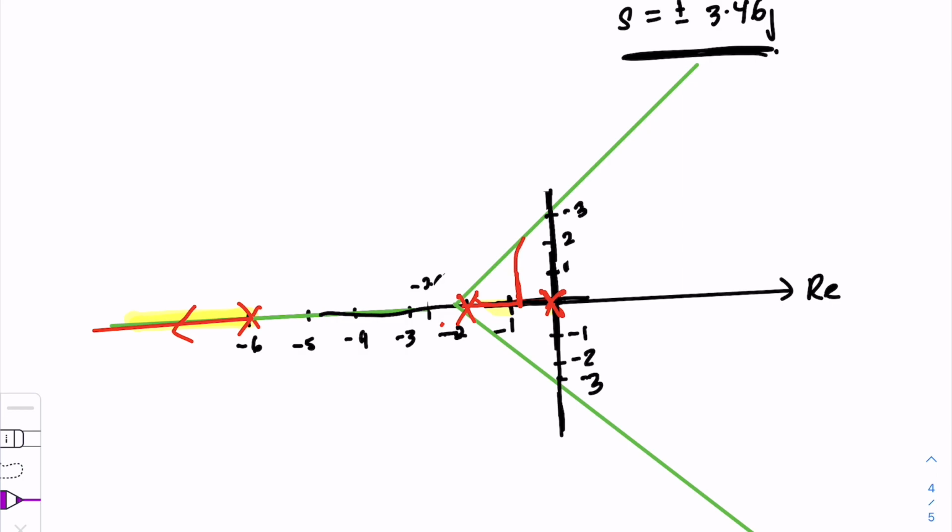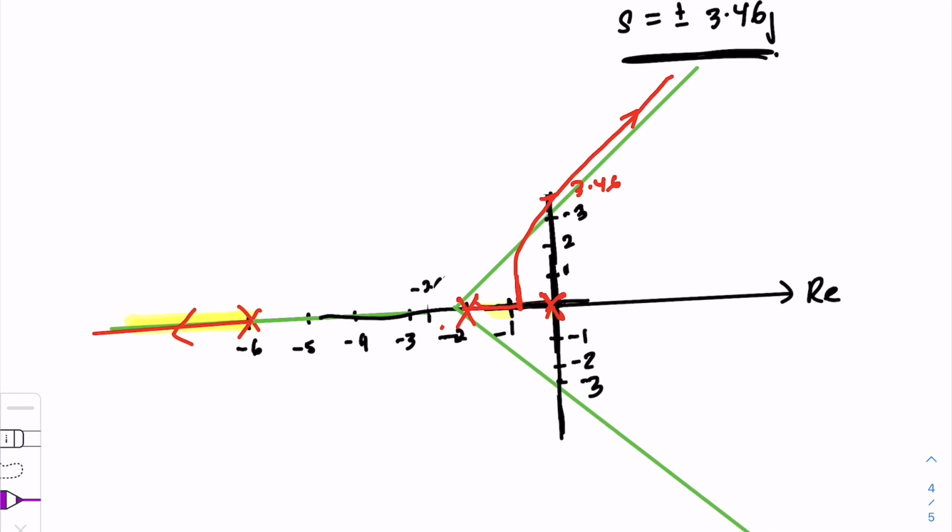So I have one of the poles leaving and going towards the asymptote, and it will cross at positive 3.46J on the positive part of my imaginary axis, and the other one will go and cross at negative 3.46J.